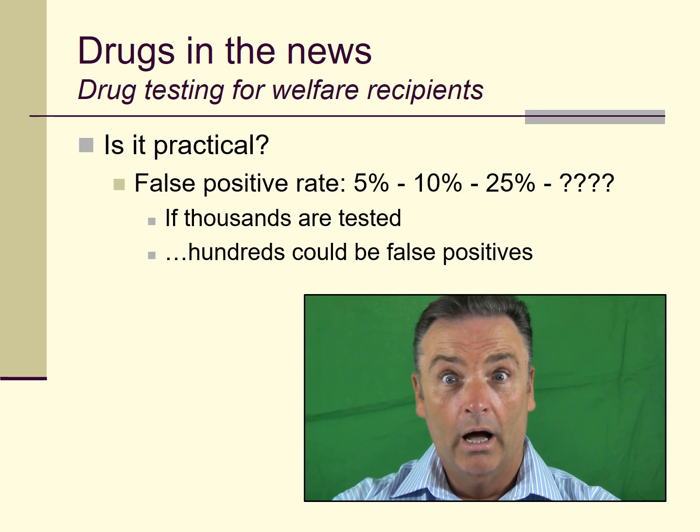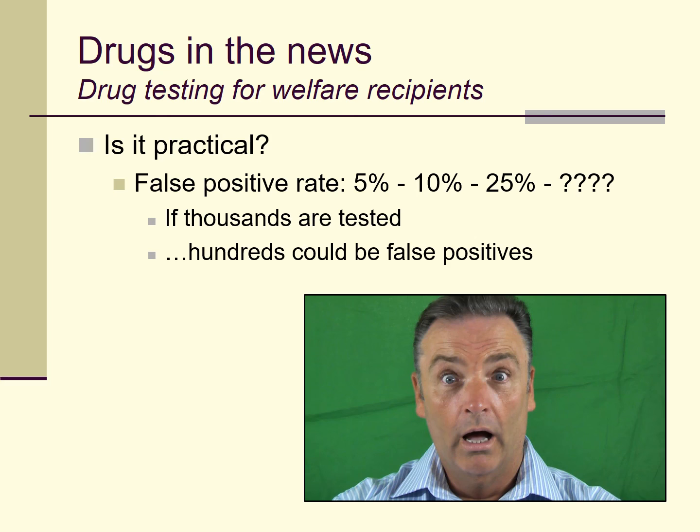And like I said before, I think there's some practical problems associated with testing large numbers of people for drugs. One of these is the false positive rate. Again, it depends on the sources you look at, but the false positive rates for drug testing can range as low as 5%, but maybe as high as 25% or more.